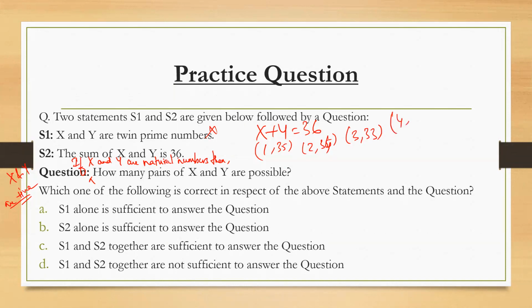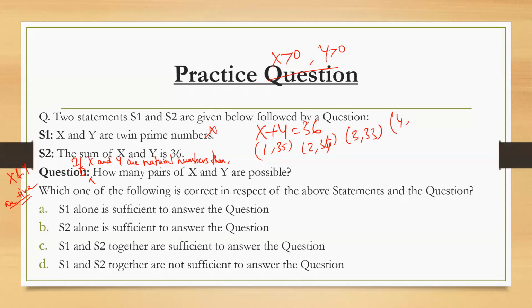See here, if I am saying x and y are natural numbers, that means x has to be greater than 0, y has to be greater than 0. It can only take values 1, 2, 3, 4, like that. Now, what could be the possible values here? x could be 1, y could be 35.